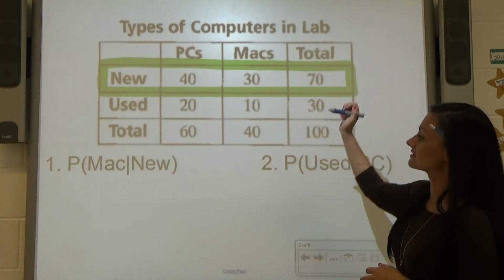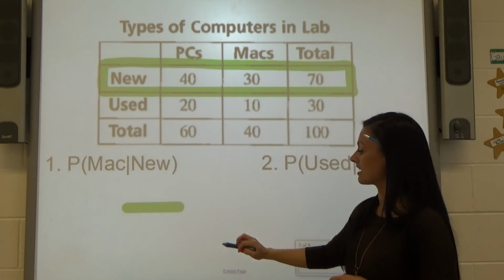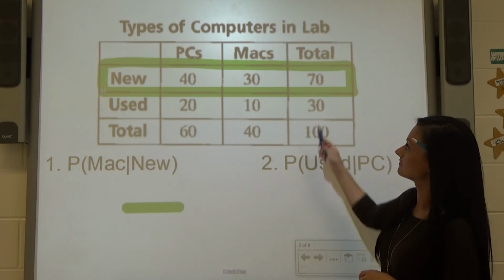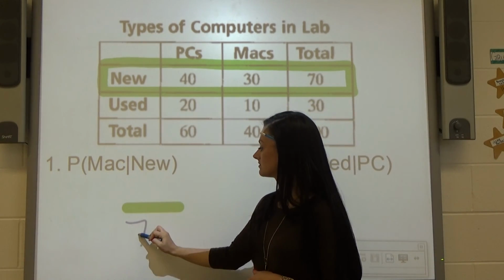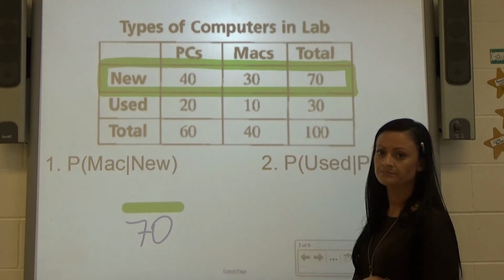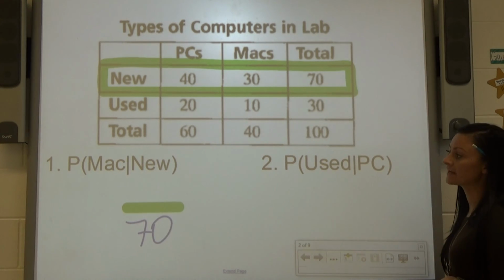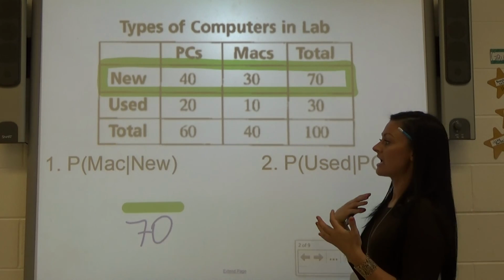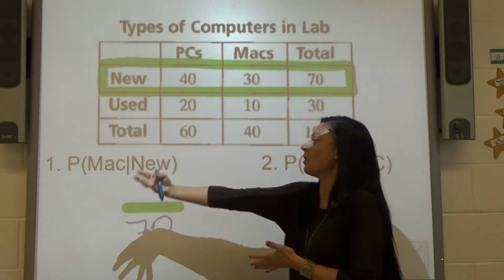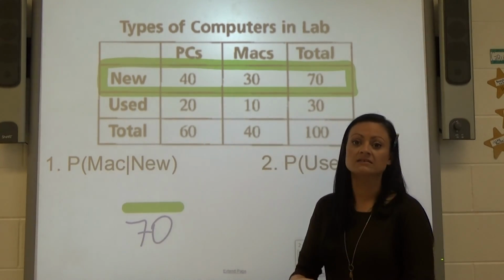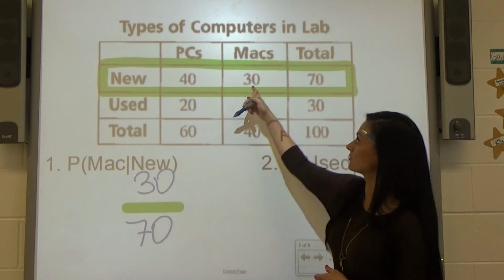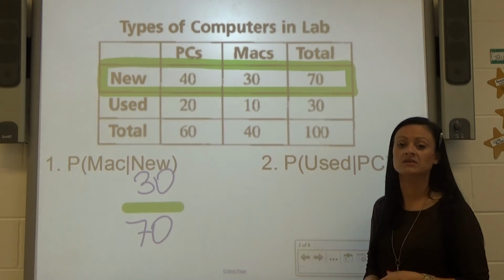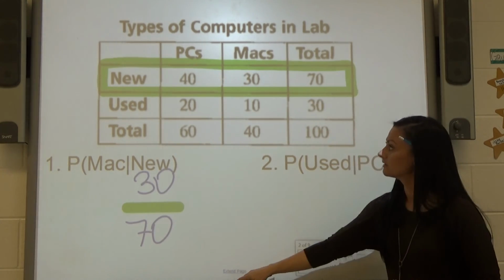So I'm going to be using these 70 computers that are new to choose from. And then out of those 70 new computers, how many of them are also a Mac? That's going to go in the numerator. So that would be 30 that are new Macs out of the 70 new computers.